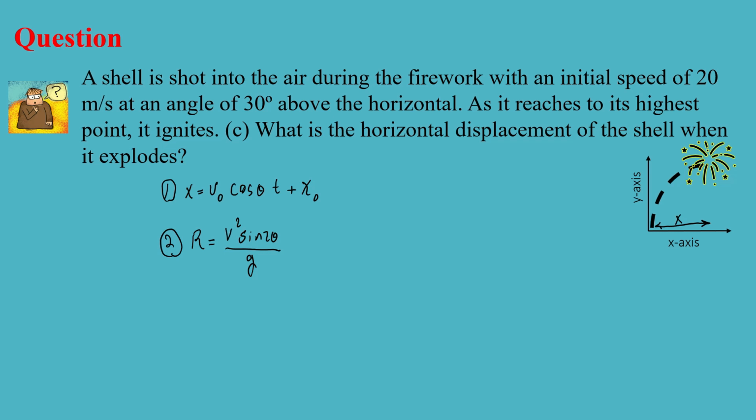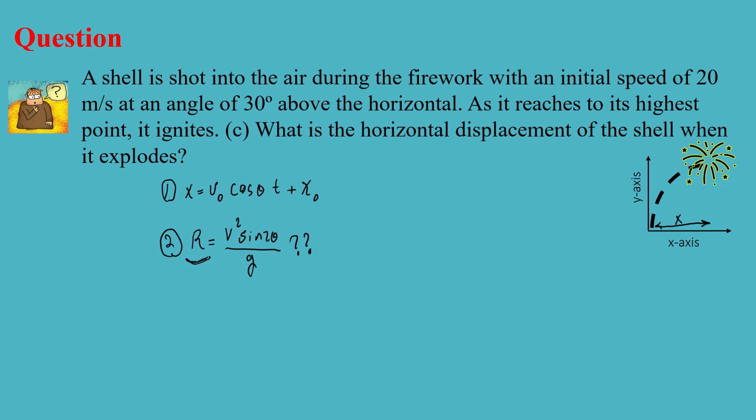So my question for you is, can I use equation 2? Is it possible to use equation 2 for this problem? You might say there is no problem using that equation because I have my initial velocity, I have theta, and I have acceleration, so I can easily find r, right? But let me remind you what r is.